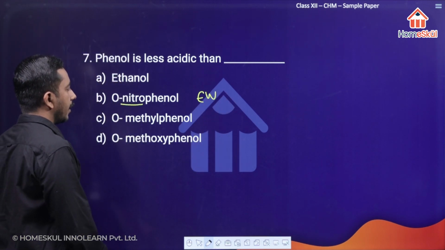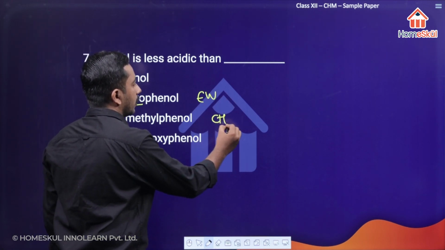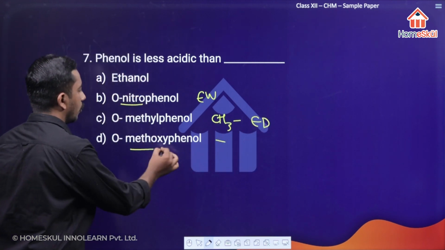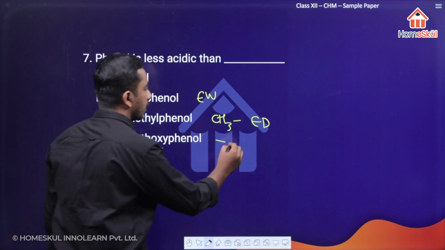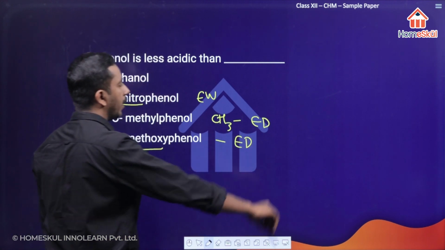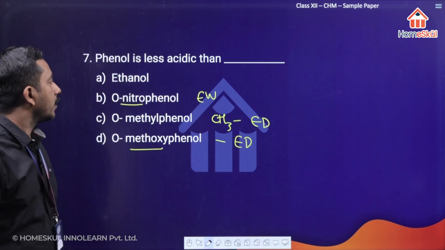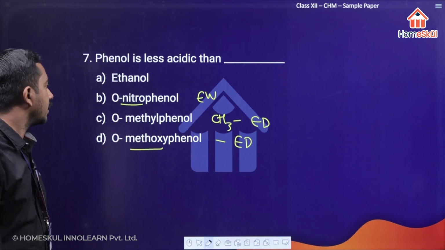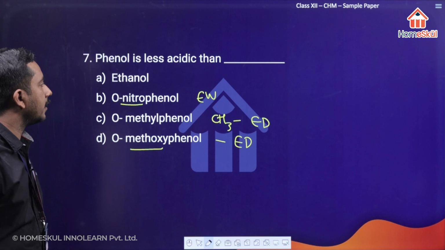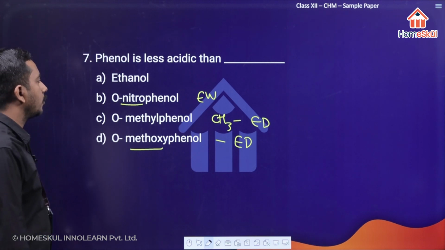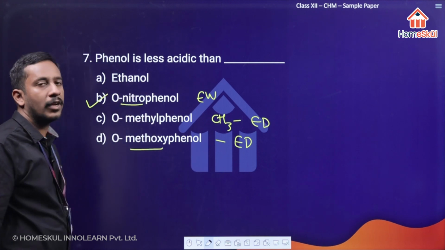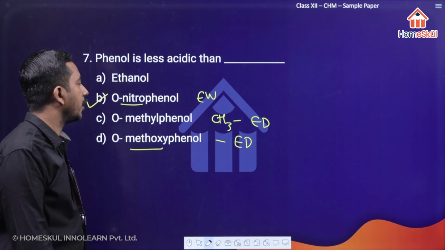And we have methyl group, that is an electron donating group, and we have orthomethoxyphenol. The methoxy group is also an electron donating group. So whenever there is an electron withdrawing group present, that will increase the acidity of phenol. That means orthonitrophenol will be more acidic than phenol. So our correct option will be option B, that is orthonitrophenol.